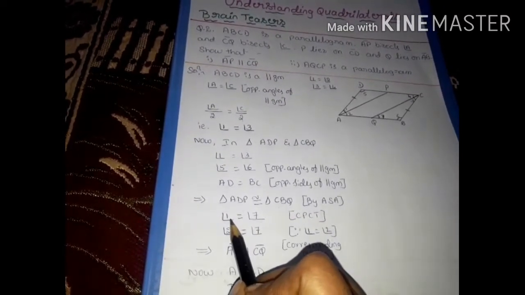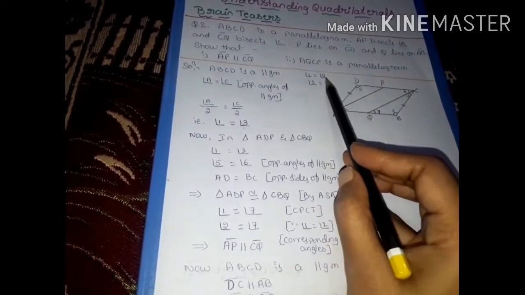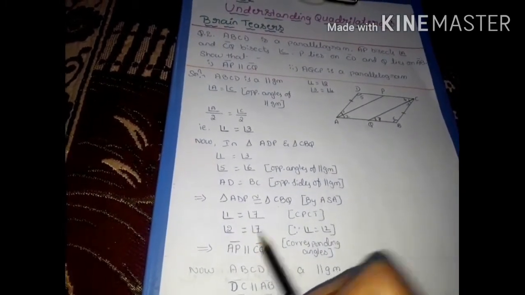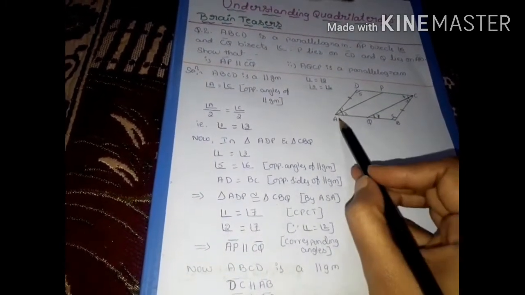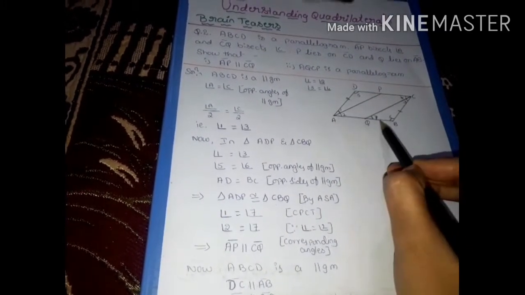Here angle 1 we considered as angle 2 because these two angles are equal. Here written angle 1 equal to angle 2. Instead of angle 1 I am going to write angle 2. Angle 2 is equal to angle 7. Why did we take these two angles? Because these two angles are equal.